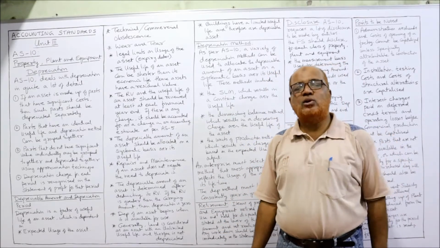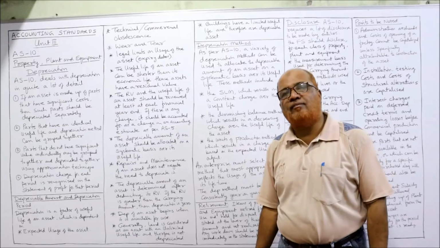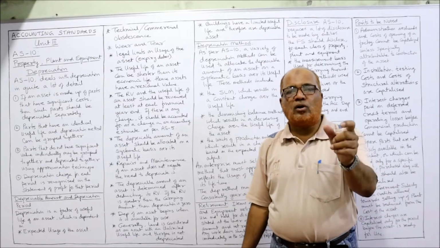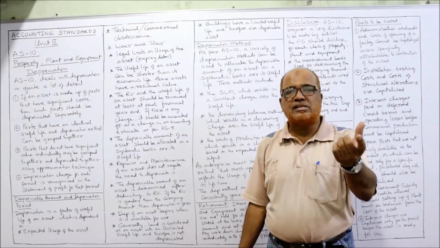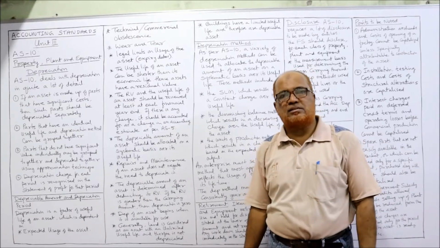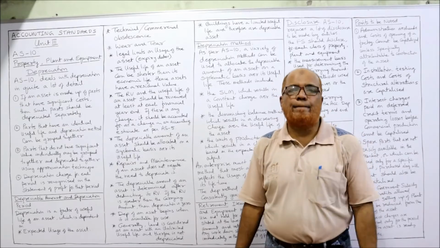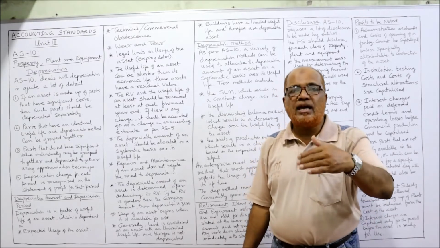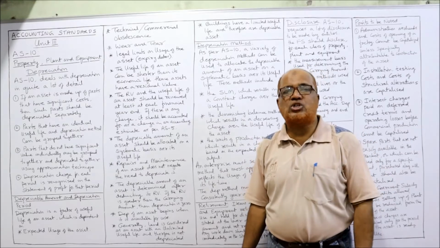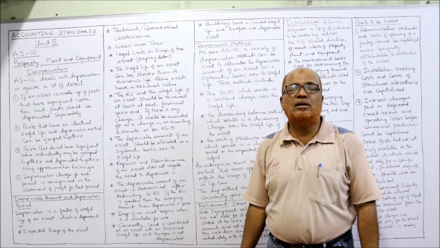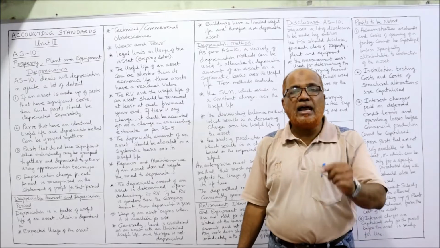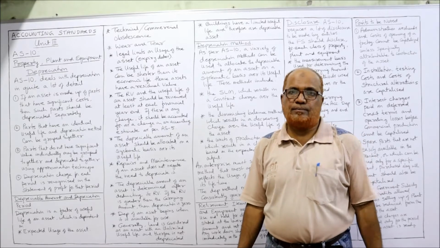Already in the previous videos, we have discussed Accounting Standard 5, that is, the net profit or loss for the period, prior period items and changes in accounting policies. In that we have seen that any change in the method of depreciation is a change in the method of estimate, and it should be reported.